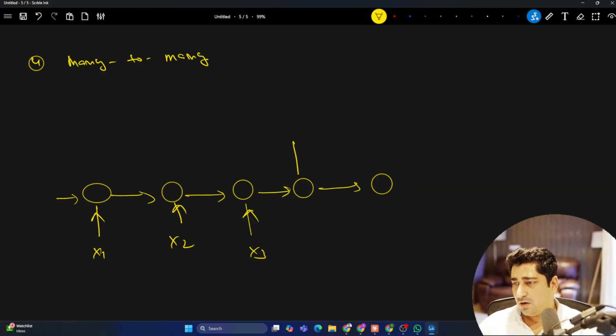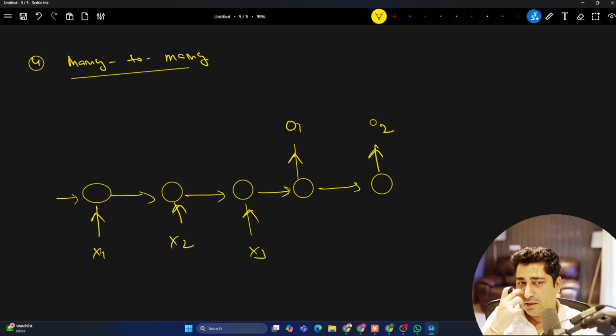Now I'm going to get output 1, output 2. So here multiple inputs, multiple outputs. This is basically something called many to many at the end of the day. Many to many, basically a neural network where I'm going to give multiple inputs and get multiple outputs.